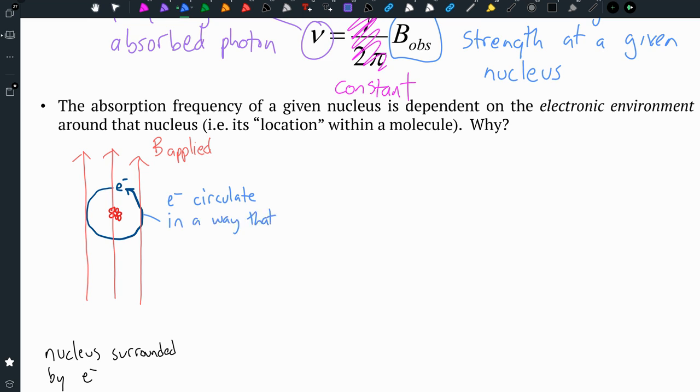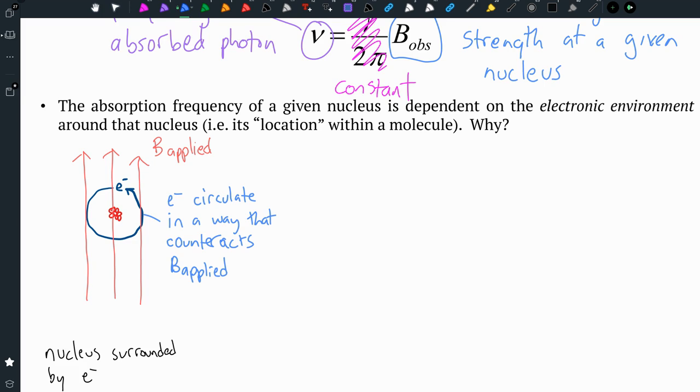And you know, electrons moving in a spiral through a circuit, through a wire, is the way to create an electromagnet. When electrons circulate in this way, they will tend to counteract the applied magnetic field. So the nearby electrons will induce a magnetic field that opposes B applied.